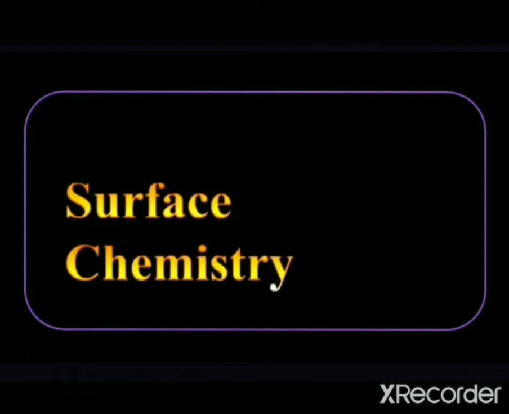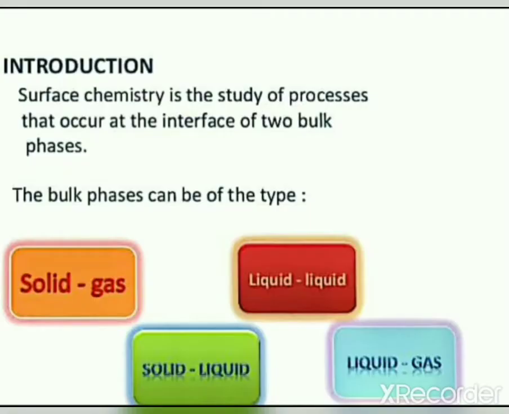Surface chemistry. In this chapter, you will be studying about adsorption, catalysis and colloids. So what is meant by surface chemistry? Surface chemistry deals with the study of processes or phenomena that occur at the surfaces or interfaces.